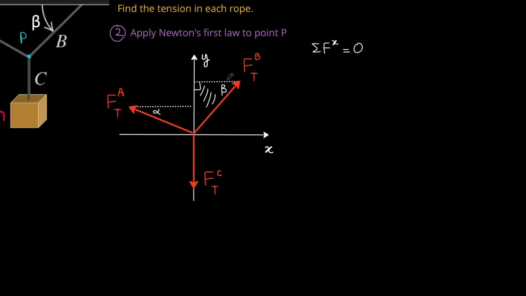Now, because this segment is adjacent to angle beta, that would be a cosine. So the x component of the tension force from rope B is equal to the magnitude of tension force FTB times cosine beta. Is it positive or negative?